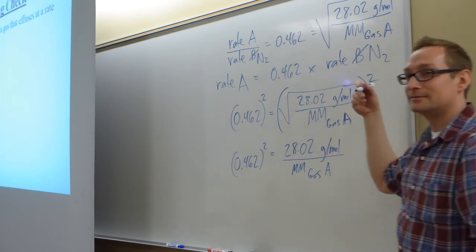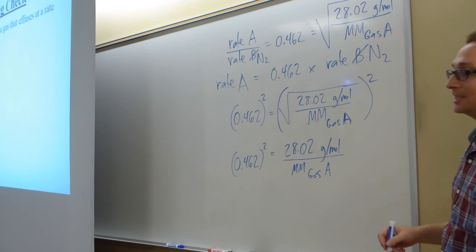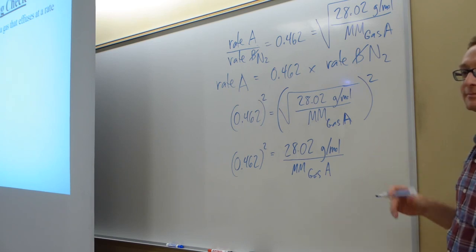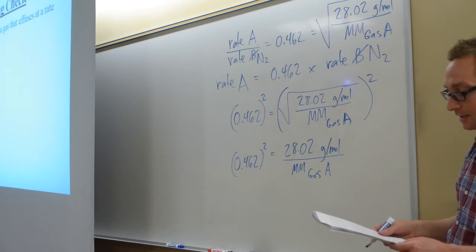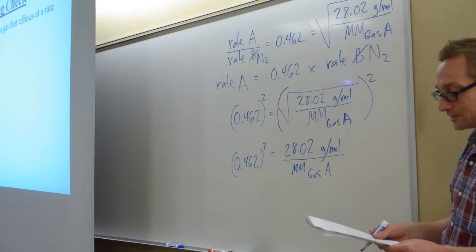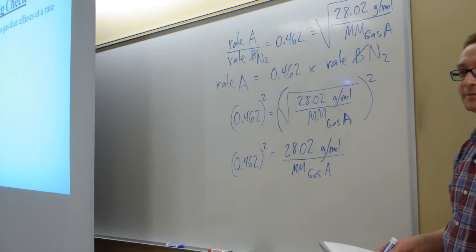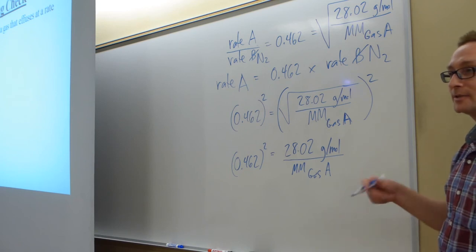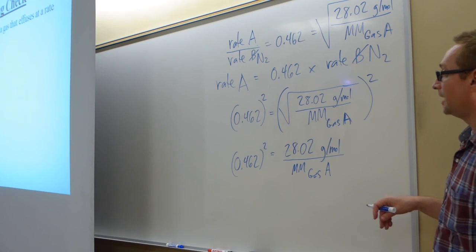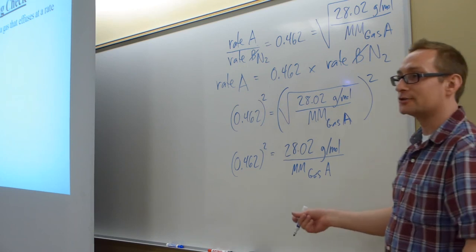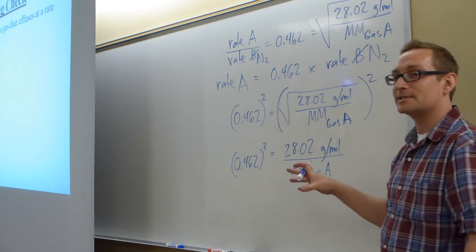So that's how we know. The wording is really kind of tricky. It says effuses at a rate 0.462 times nitrogen, and the word times literally means times. I added the words 'that of nitrogen,' but again, the word of means multiply.